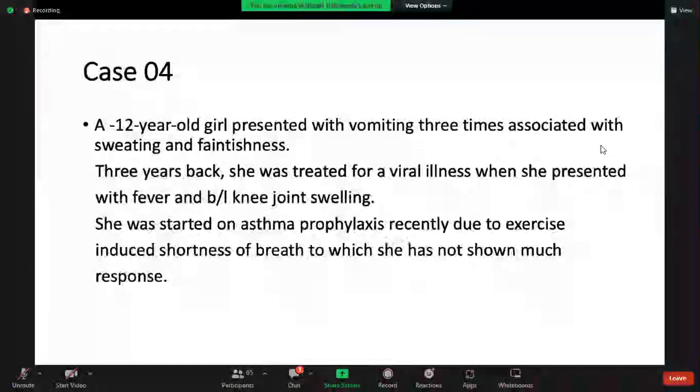So this is actually giving you a clue to think of rheumatic. But unless you ask, and this happened 3 years back, your argument is true. But sometimes, unless you ask specifically, you won't elicit this. But this is basically to give you an idea.